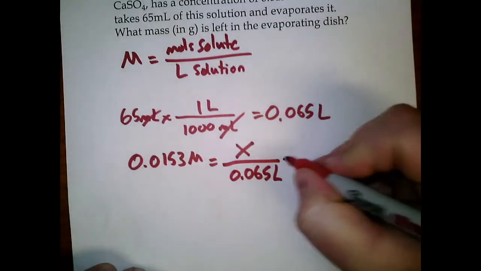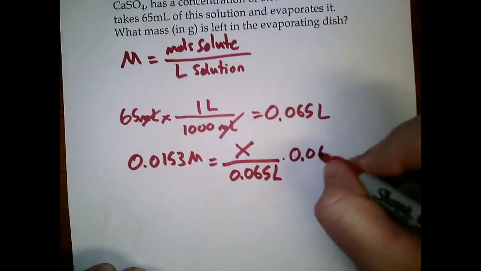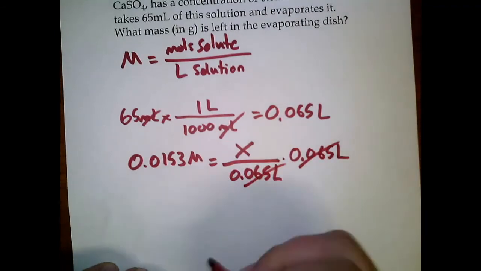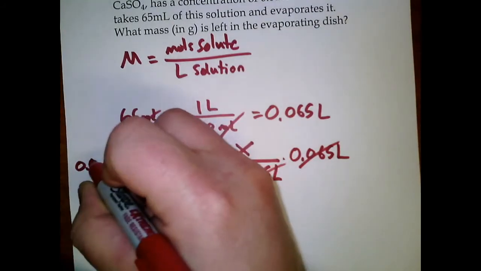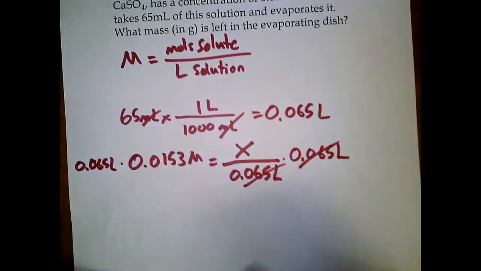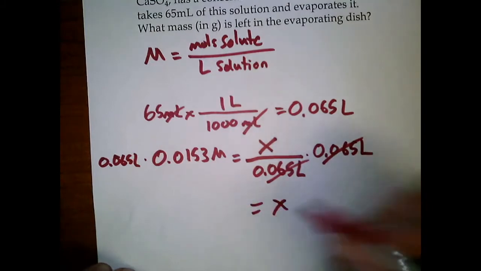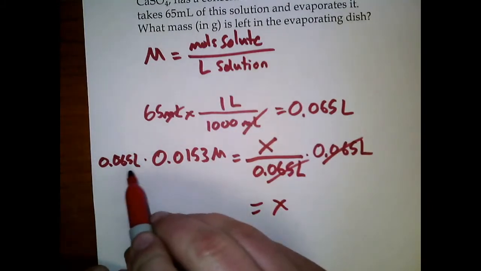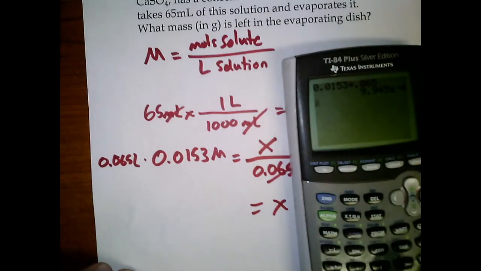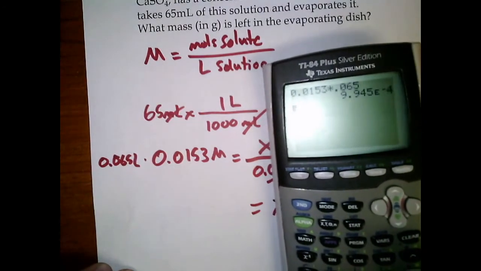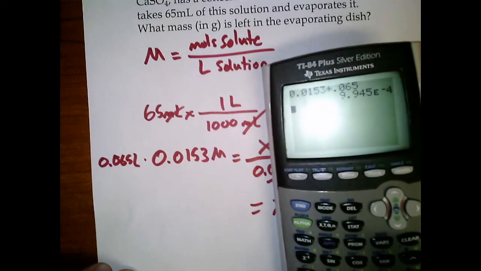I'm going to times both sides by 0.065 liters, so this side cancels. And over on this side, times it by 0.065 liters. So x here is the only thing that's left, is going to be equal to 0.065 times 0.0153. And that is actually equal to 9.945 times 10 to the power of negative 4.